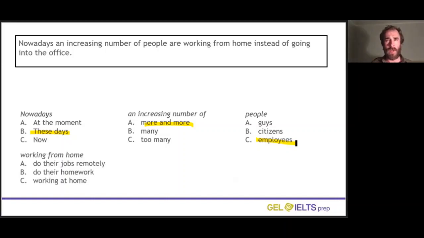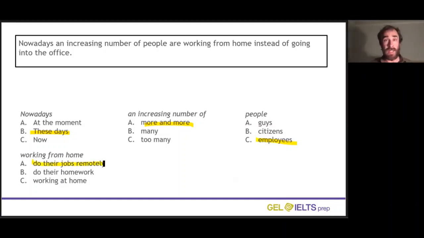Working from home. What's another way that we could say this? Look at the next question below this video and choose the correct option. Option A, do their jobs remotely.